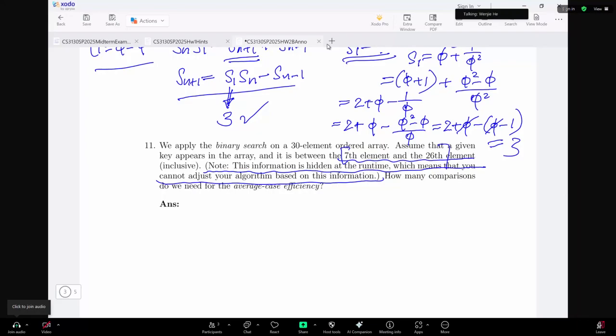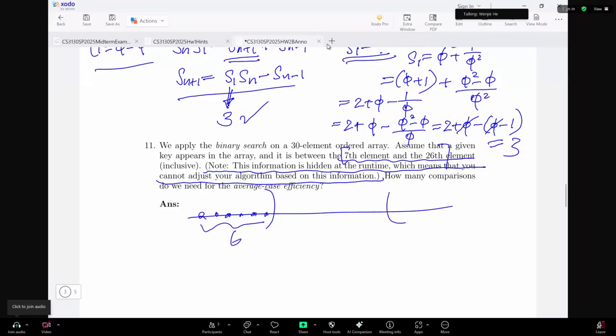When you draw your binary tree, you cannot make any assumption. Then you need to look at the top level. After you draw the binary tree, when you calculate the average case, you can remove the first 6 elements from the left end.